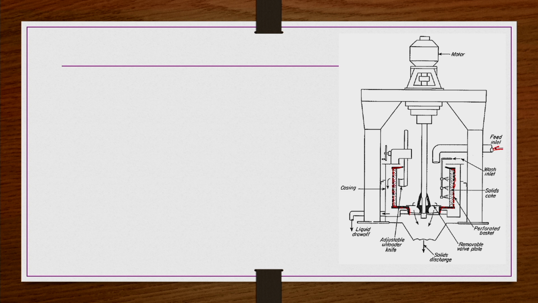And then the feed slurry comes in here, entering the filtering bowl at this location, right. And now this is rotating by a motor which is here at the top. Because of this motor, the bowl is rotating. This entire setup is kept in a casing like this, like the casing we have seen.